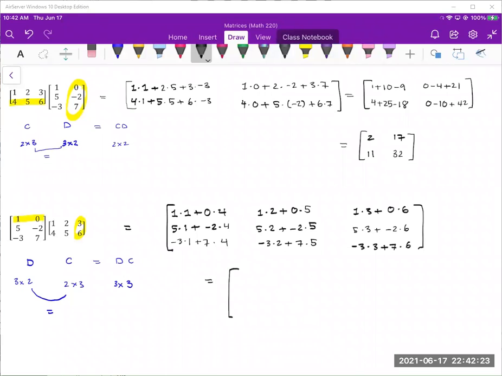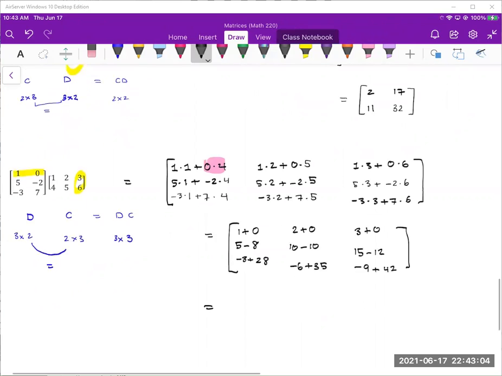I think taking it a little bit slowly is helpful because it's easy to make mistakes. One really common place to make a mistake in this arithmetic is when you have 0 times something. Remember, it'll be 0. So we have 1 plus 0. We have 5 minus 8, negative 3 plus 28, 2 plus 0, 10 minus 10, negative 6 plus 35, 3 plus 0, 15 minus 12, negative 9 plus 42.